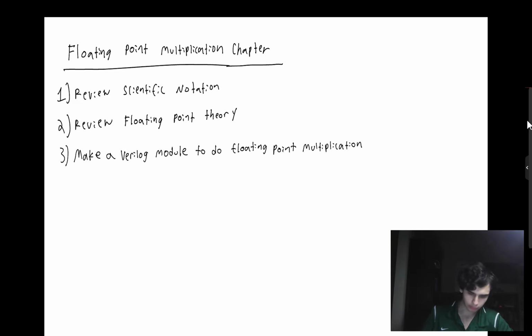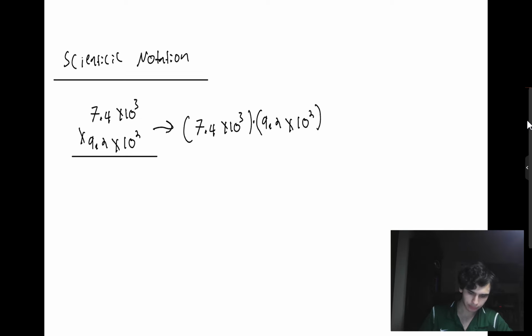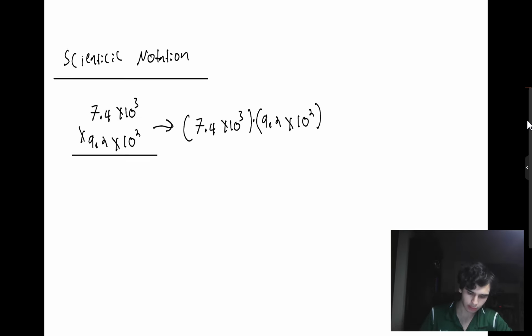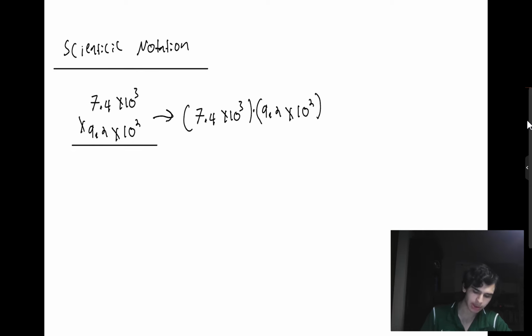To give you an idea of the steps that are taken to calculate it in hardware, it's best to show it with scientific notation. So let's say we wanted to multiply these two numbers.